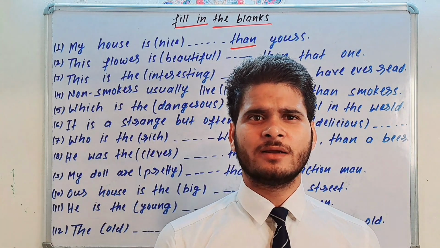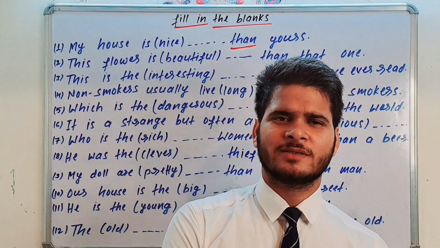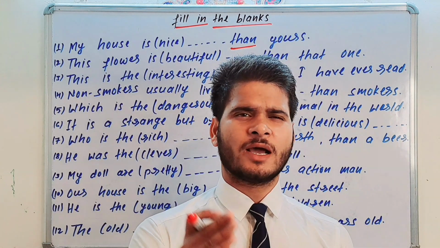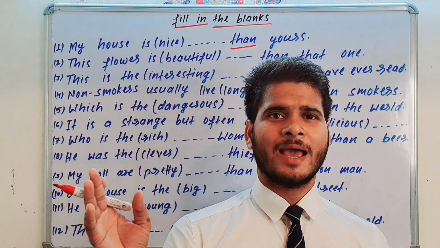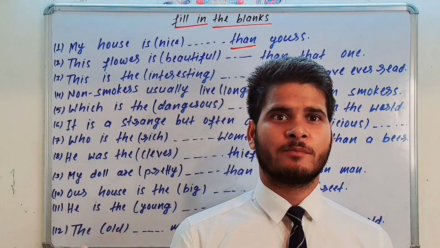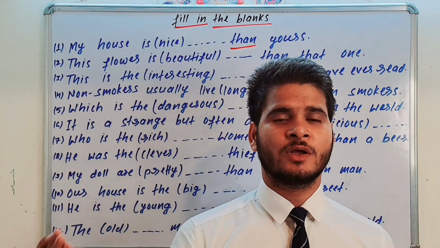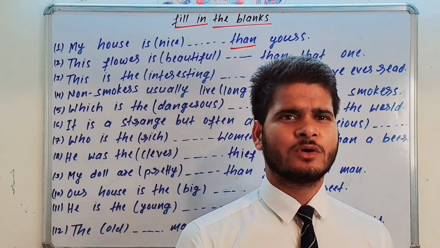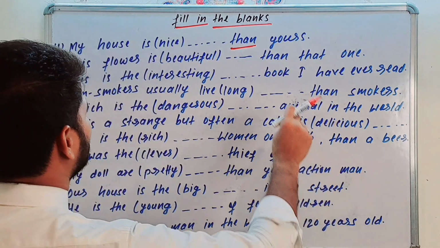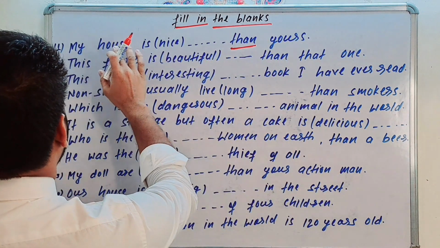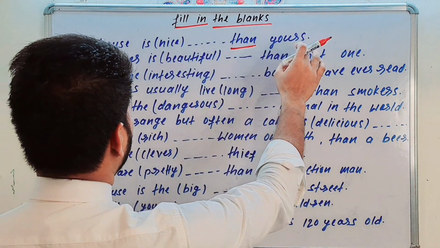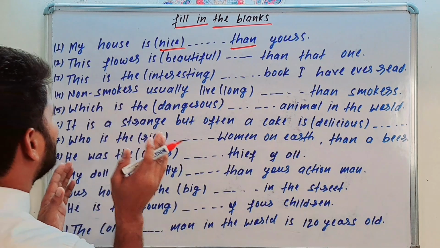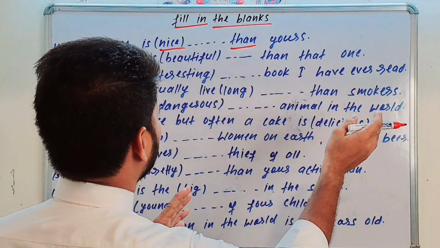I have discussed many times that the positive degree is the base form, the original unmodified adjective, and the comparative degree is used to compare the qualities of two nouns or pronouns. So in the comparative degree "than" is used. My house is nicer than yours.